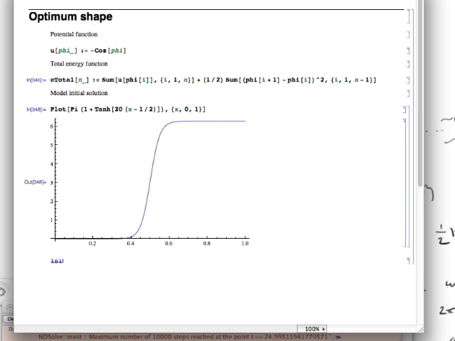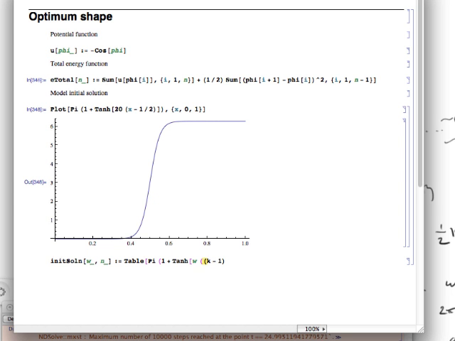So based on that, we define an initial solution, which is a function of the width and the number of beads, which is going to be a table of values that will be used for the different bead positions. And as I say, this is going to be an initial guess, which we'll adjust.